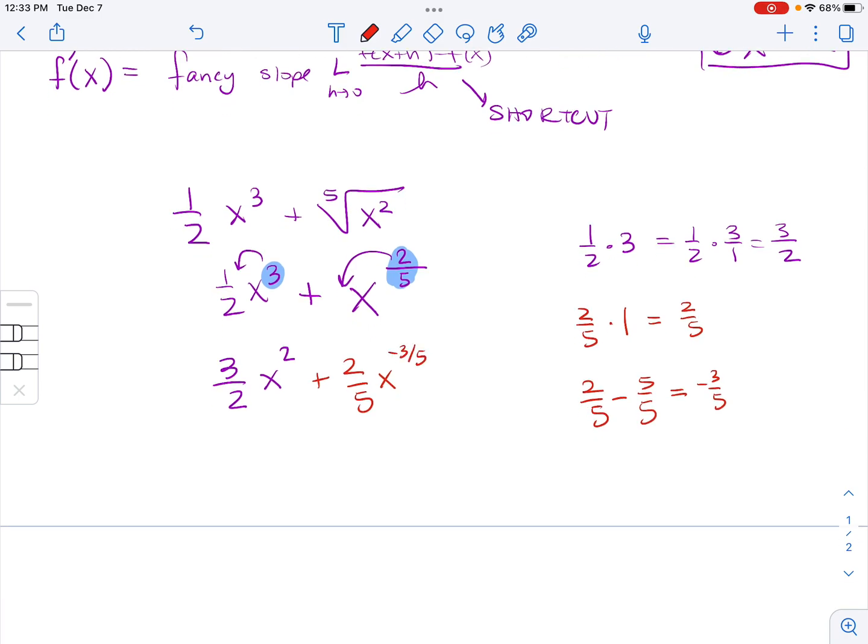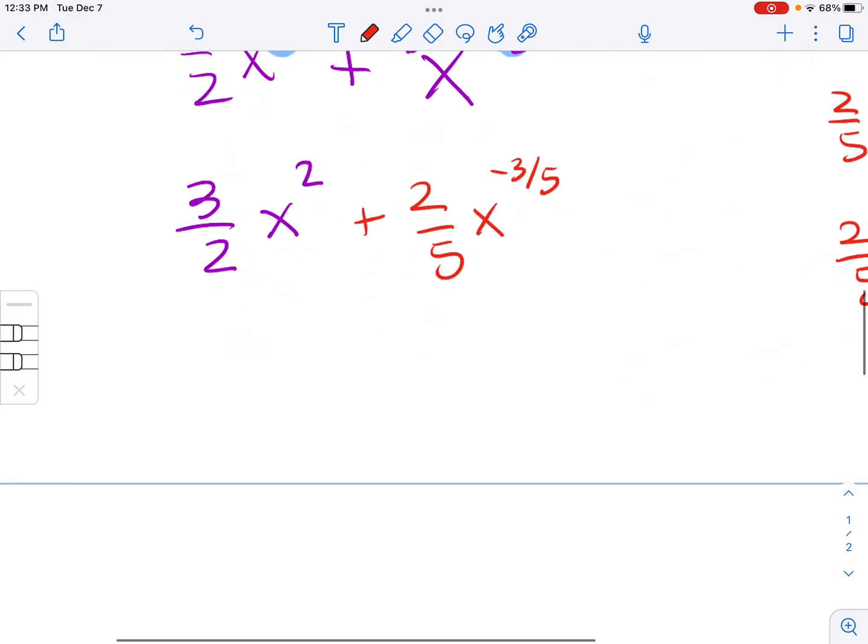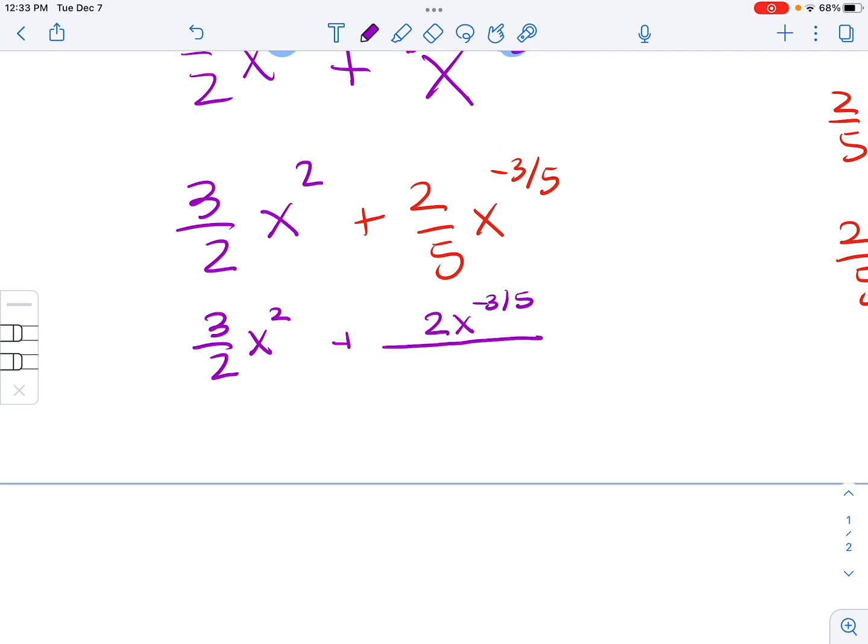And I don't like the way that looks because we've got a negative exponent, so we can fix that. I'll leave this is just fine, the exponent's positive, so I'm okay with that. This, what I'll do is I'll just write it with the 2 and the 5 separate. And if I want that exponent up top to change its sign, I just have to move the x, not the coefficient, just the x.